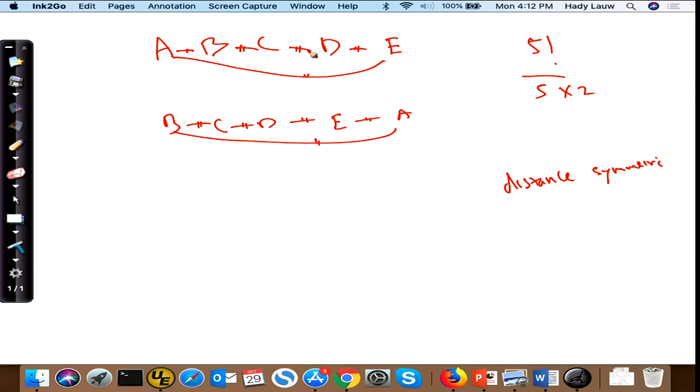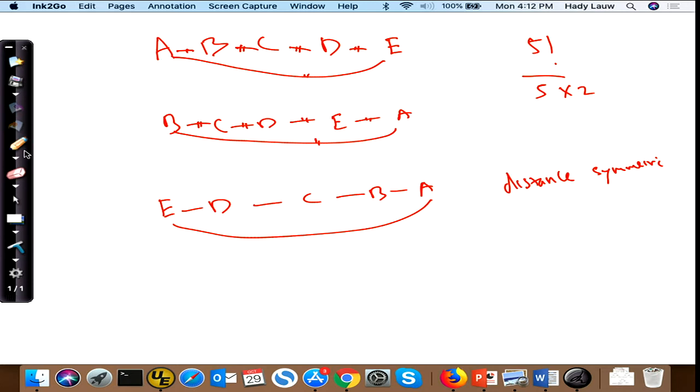For example, instead of A, B, C, D, E, I might have a tour that is A, E, D, C, B, A. Now in this case, it goes from A to B, in this case it is B to A, B to C, here is C to B, everything is reversed. But if the distances are the same, then essentially they are still the same distance. So which means we can divide it by 2. Now of course if the distance is asymmetric, that means it's not symmetric, you don't divide by 2.